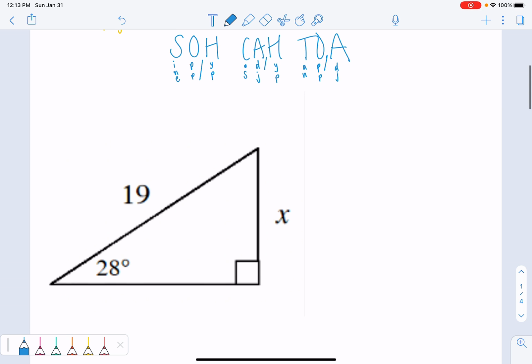Here's an example of a right triangle with our reference angle theta. Our first step is to label our sides. All the way across from theta is our opposite leg. Here's the right angle, and across from the right angle is our hypotenuse.